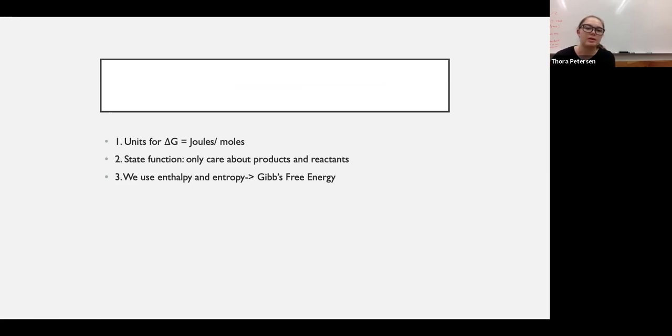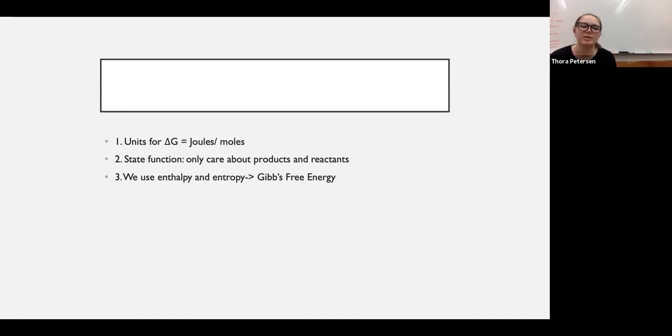Okay, so three main things that are useful to remember when looking at Gibbs free energy are the units, which are joules over moles. Another thing is that it's a state function, which means we care about the reactants and the products. We don't really care about the journey along the way.